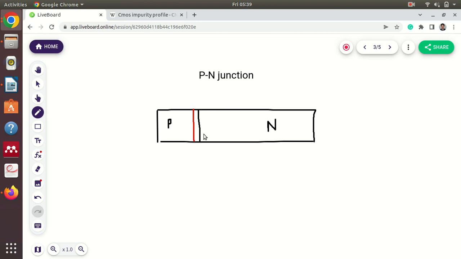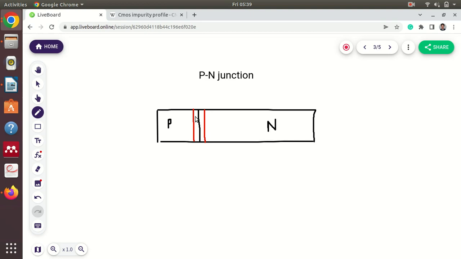The electrons from the n-type region crossed this line, reached these holes, and recombined. This process is called electron-hole recombination.